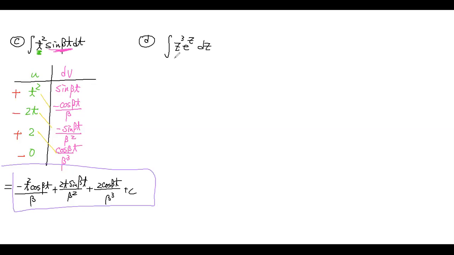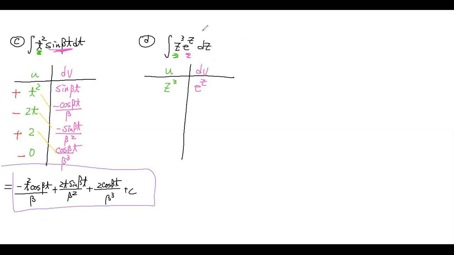You see, this is another polynomial with an exponential. So let's do the tabular form. We put this as the u, and this is the dv. My u is z cubed, and my dv is e to the z. I really like the e to the z part, it's kind of pretty simple.